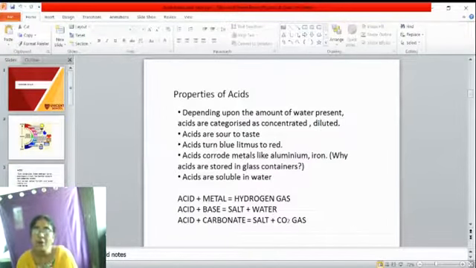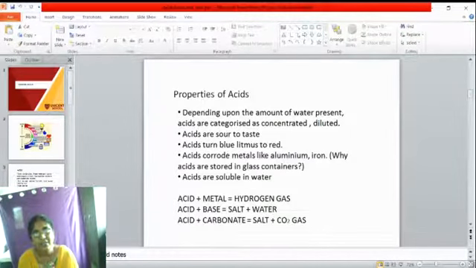Now we'll move on to the properties of acids. What are the properties of acids? That depends upon the amount of water present in it. If you have visited a lab, there you have seen the names of the acids written over the bottles in which they are stored, and below that you have a diluted acid and a concentrated acid.